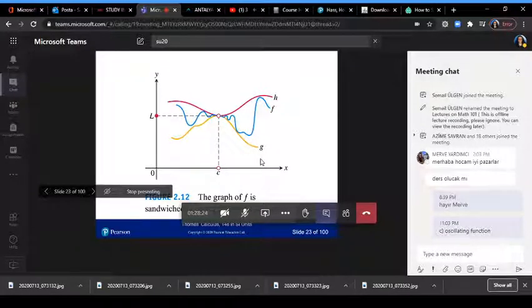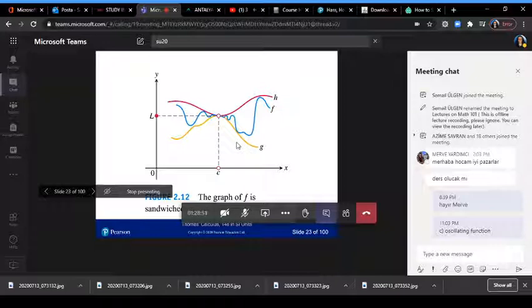And let's say this function f is squeezed between the top function h and the bottom function g around c. And then the sandwich theorem says if you want to find the limit of f as x approaches c, you just look at the limit as x approaches c for h and g, and they have to agree.